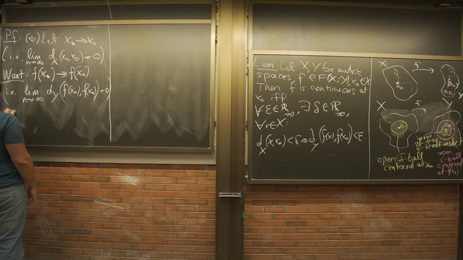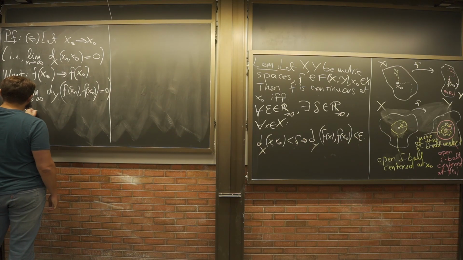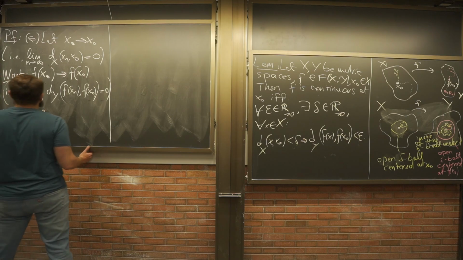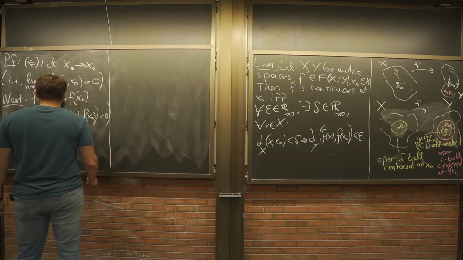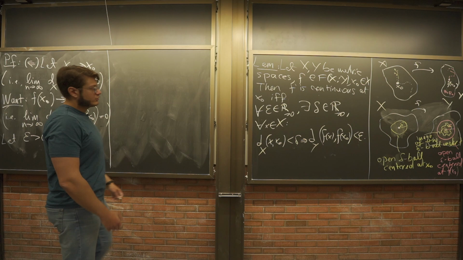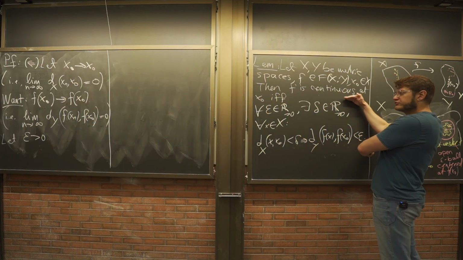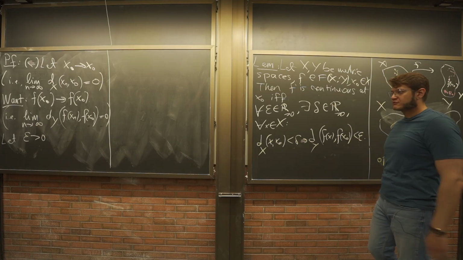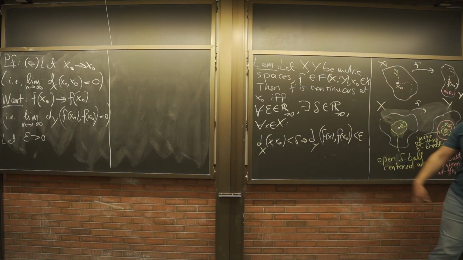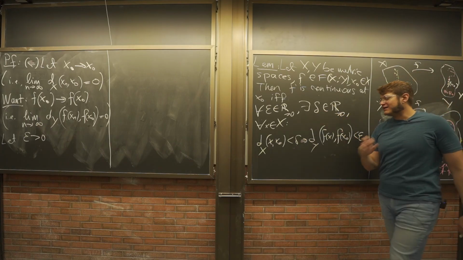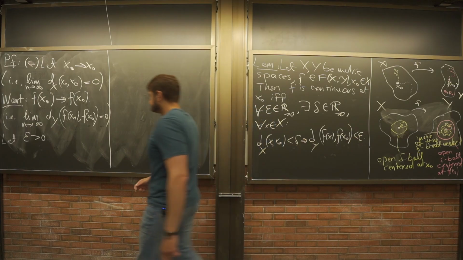So let epsilon be positive. Now we assumed this epsilon delta statement, right? I'm going backwards. There is some delta such that for any x, this happens.